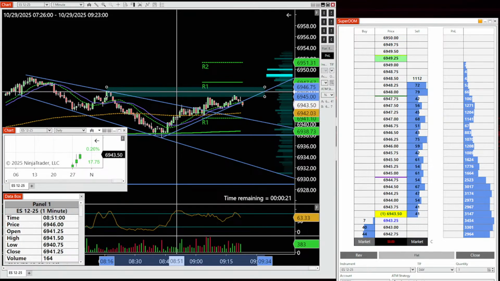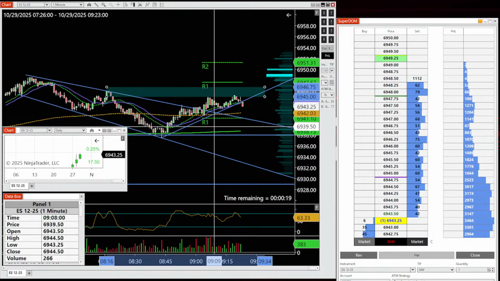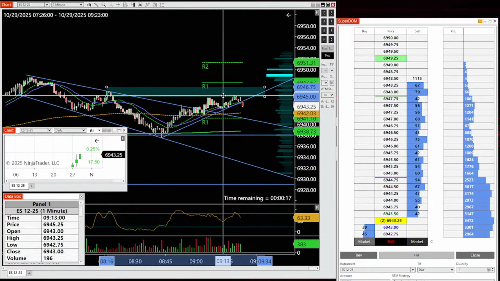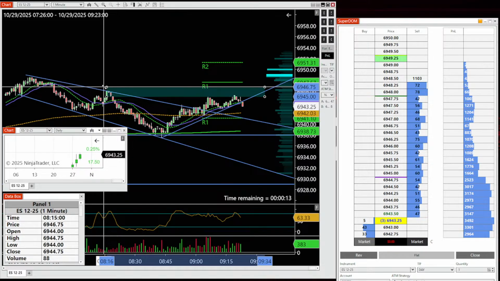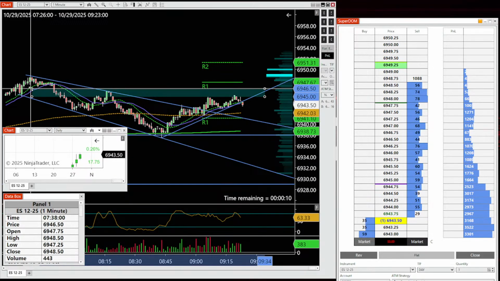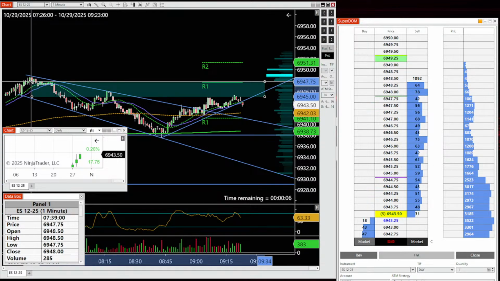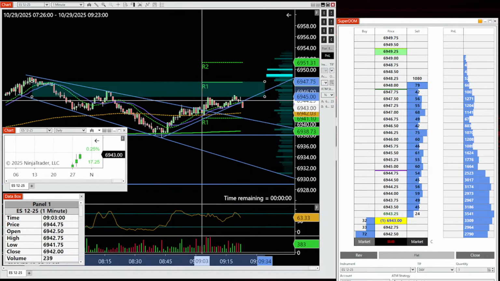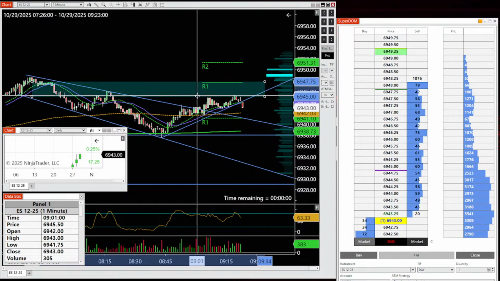Market opens up in 8 minutes at 9:30. We want to do this. Let's see if we get past this area here.